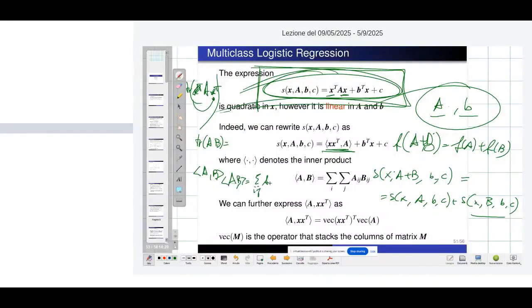It's the sum over all the elements of A_ij times B_ij. It's the same as the scalar product of vectors, but extended to all the elements of the matrix. I take my two matrices, do element-wise multiplication of the corresponding terms, and then sum all the n times n results.